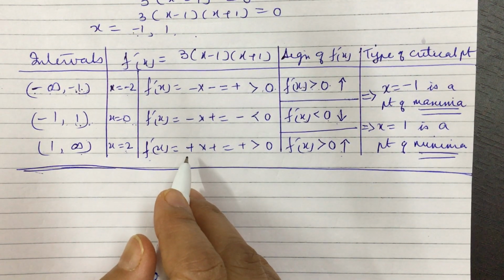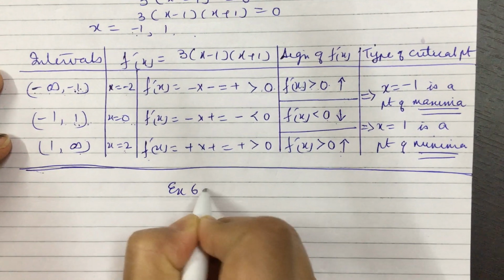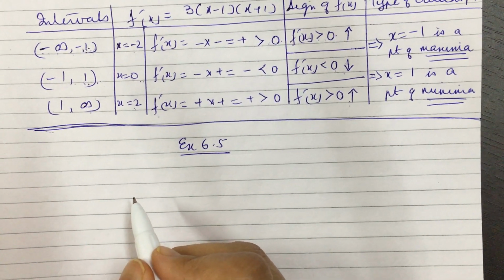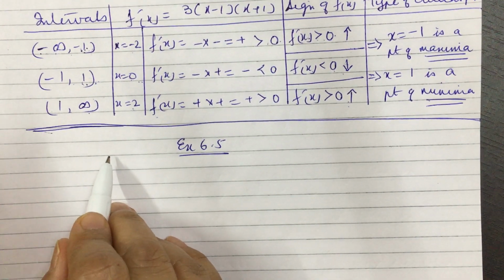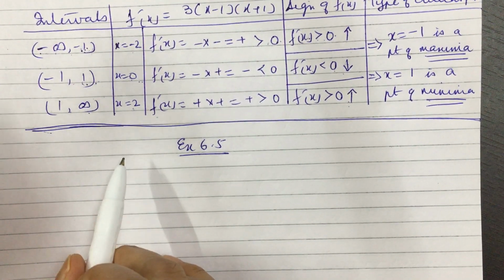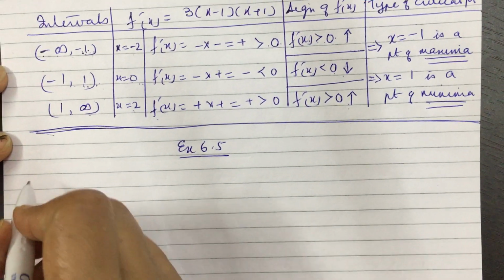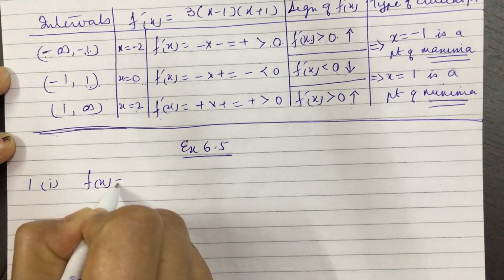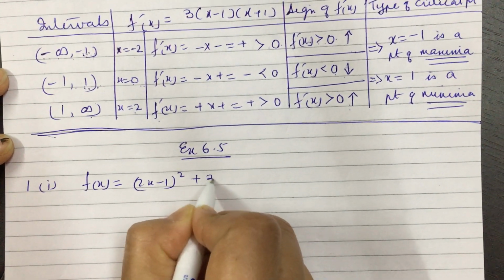Now, let us start with some simple questions of exercise 6.5, which can be done by the basic concept of maxima and minima. So let us see. First question, first part is f(x) equal to (2x minus 1) whole square plus 3.